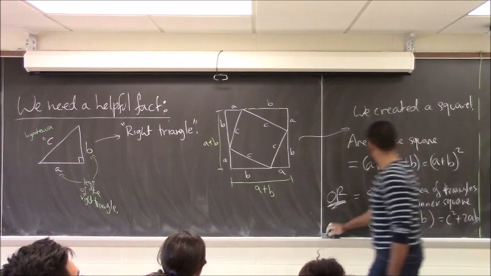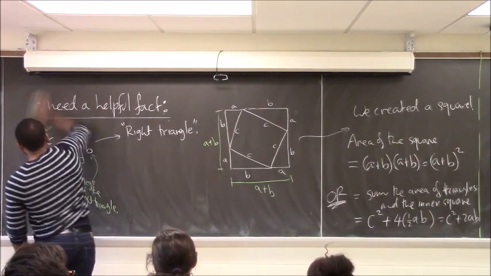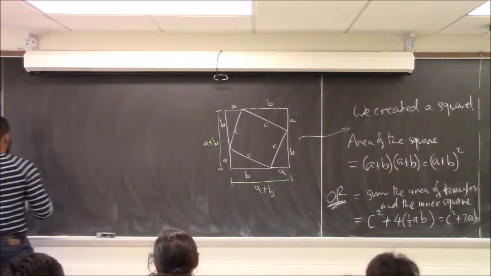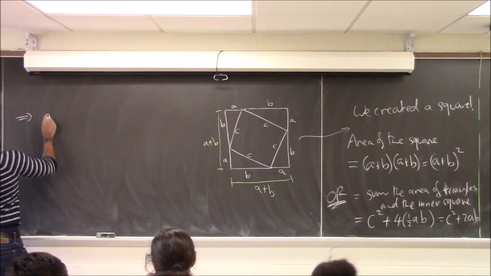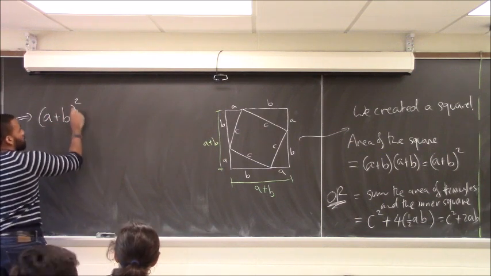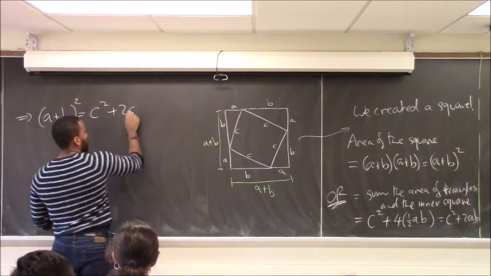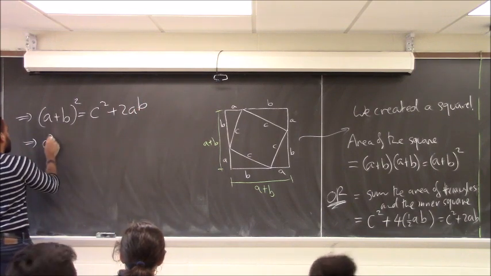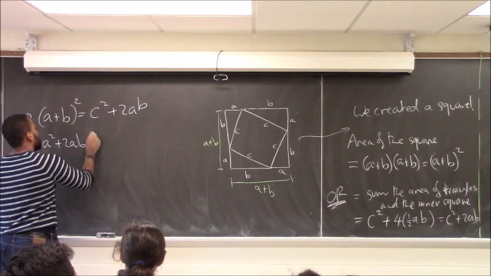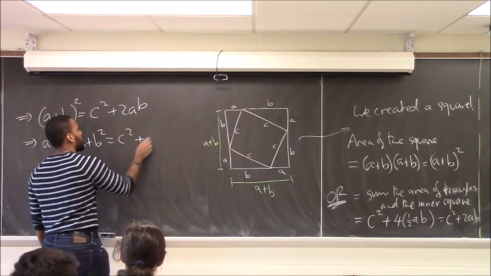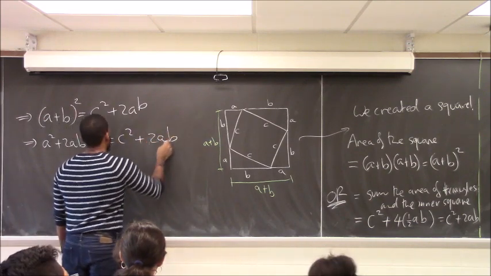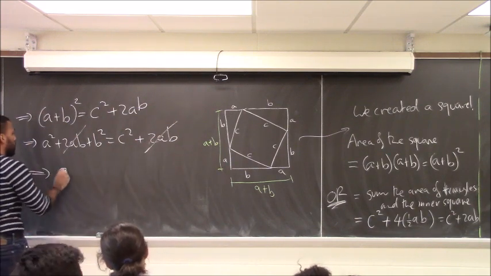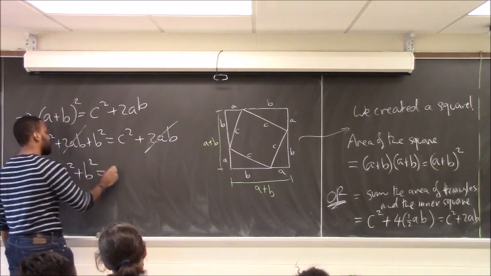So A plus B all squared must be equal to C squared plus 2AB. Expanding, A squared plus 2AB plus B squared. Subtracting 2AB from both sides, we end up with A squared plus B squared equals C squared.